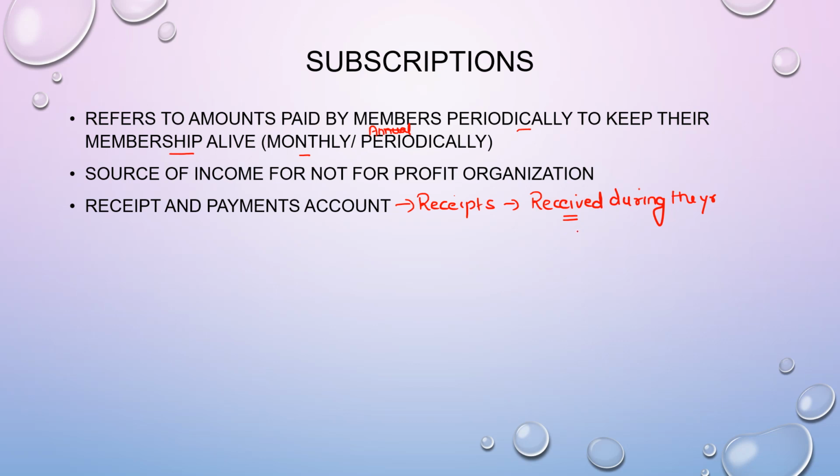So whatever is received, irrespective of whether it relates to the current year, in short form I'm using CY, or previous year, that is PY, or related to next year, all of these, whatever is received, is put on the receipt side. You can find it on the receipt side of the receipt and payment account. This would be utilized in computing the subscription income of the year.